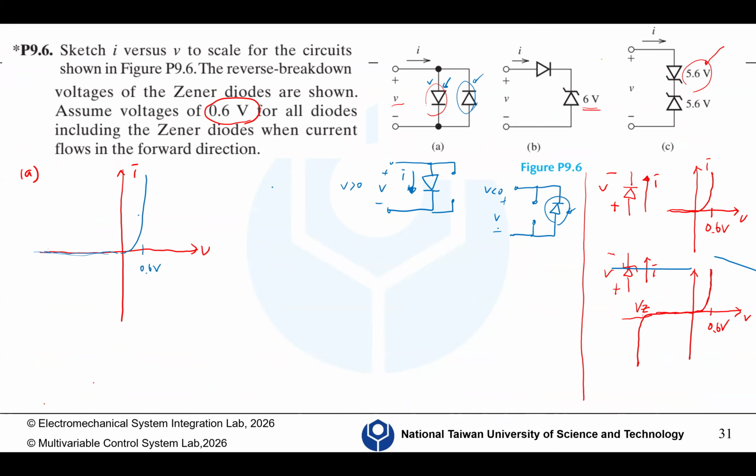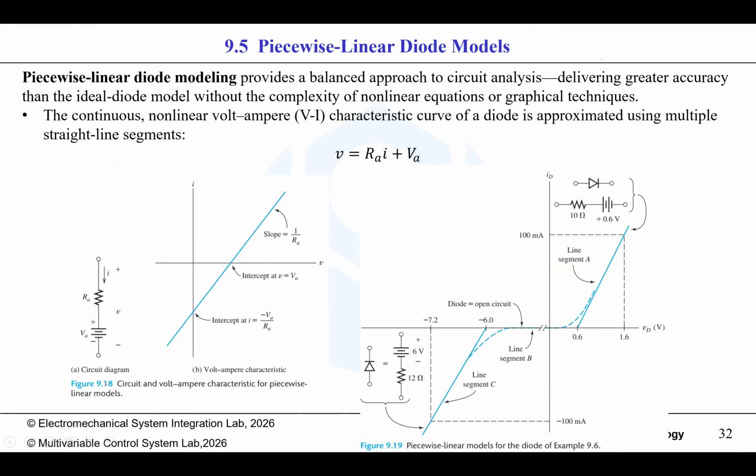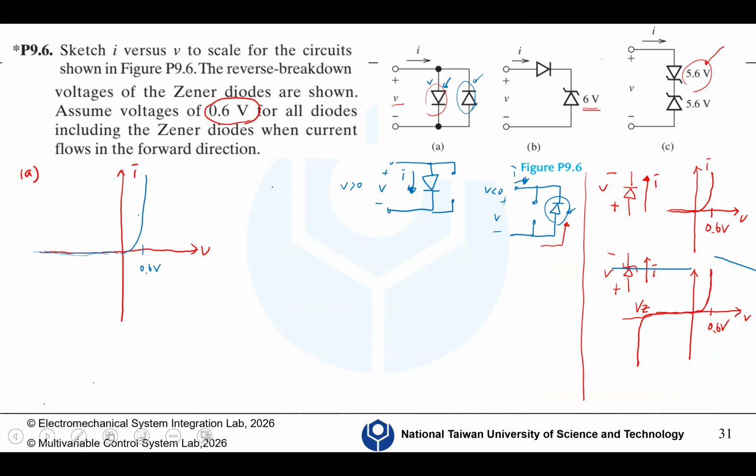When V is a negative value, it means it's under forward bias. But the current is defined in this direction, while in fact the current will flow in the opposite direction, which means the current is a negative value. My bad. So it turns out that it is this.